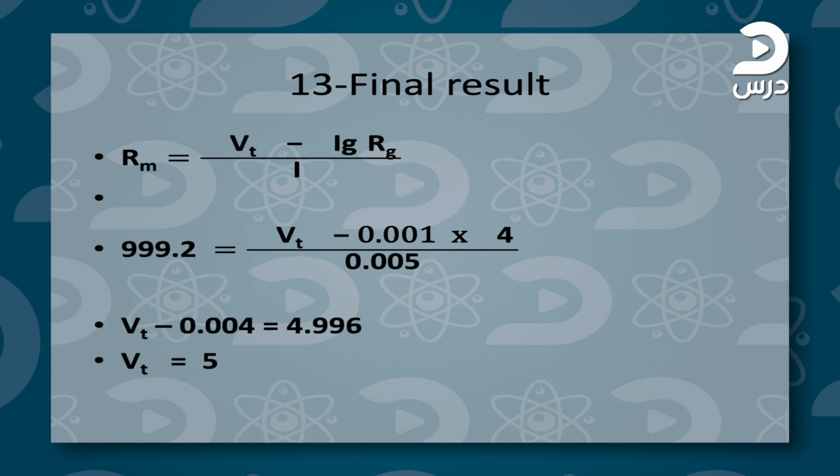Cross multiplication: V total minus 0.004 equals 4.996, so V total equals 5 volt.